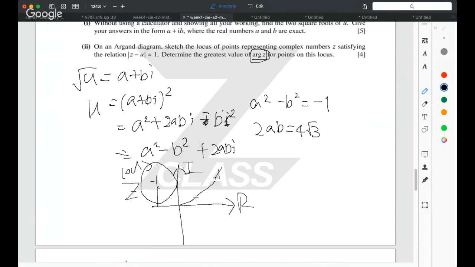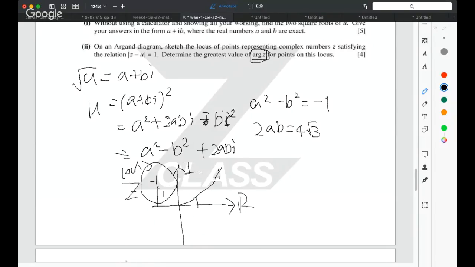So the argument of a is this angle here. You have a circle of complex numbers z, and the question asks you to find the greatest value of the argument of z, which means we want to find which z has the greatest angle with the real axis.